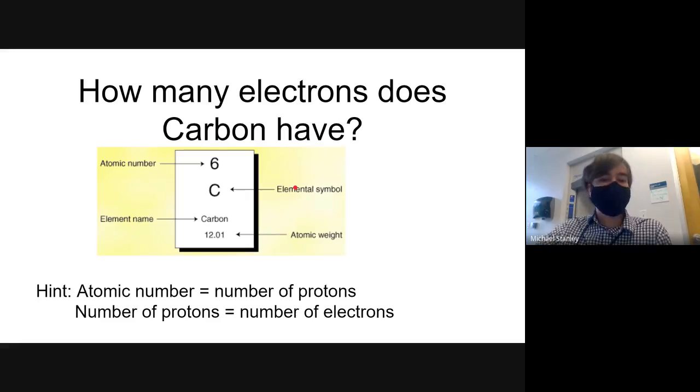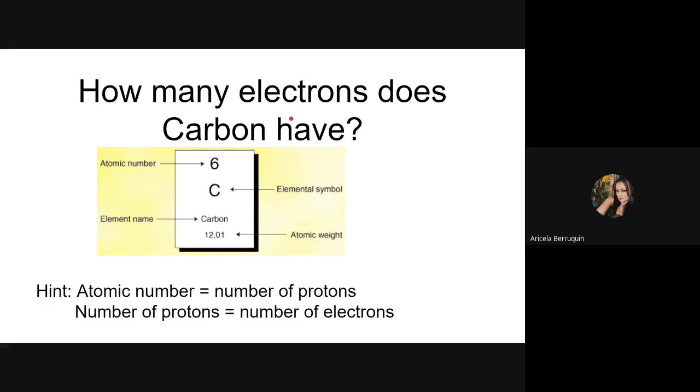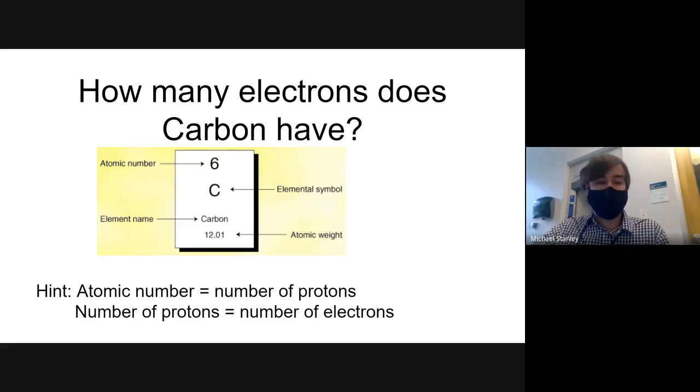So for another example right here, we have the atom carbon. It has a symbol of C, it has a weight of 12, and it has an atomic number of 6. Carbon is element number 6. So, how many electrons are in carbon? 6. Exactly.